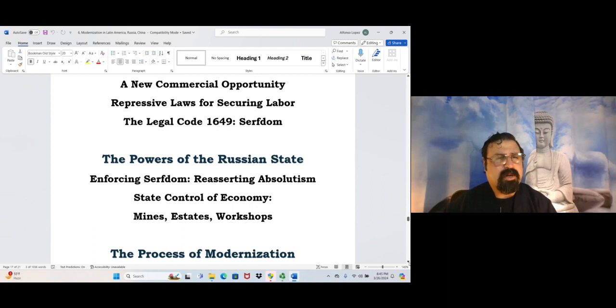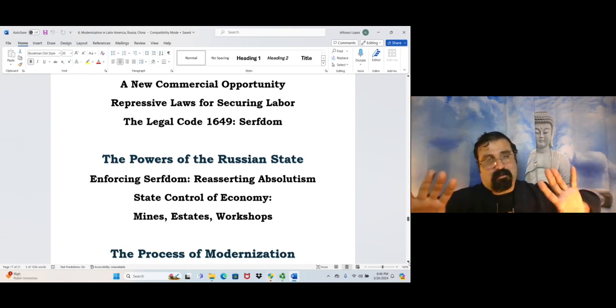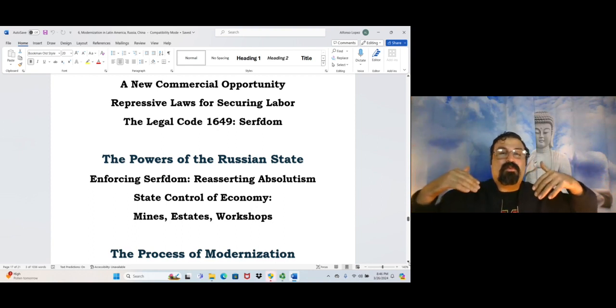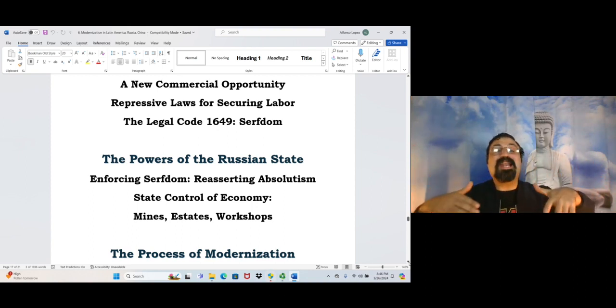And so in 1649, the Russian Tsars passed a law that was called the Legal Code of 1649. And what they're doing here is that although serfs were already present in Russia, the Russian Tsars are legalizing the status of the serf.